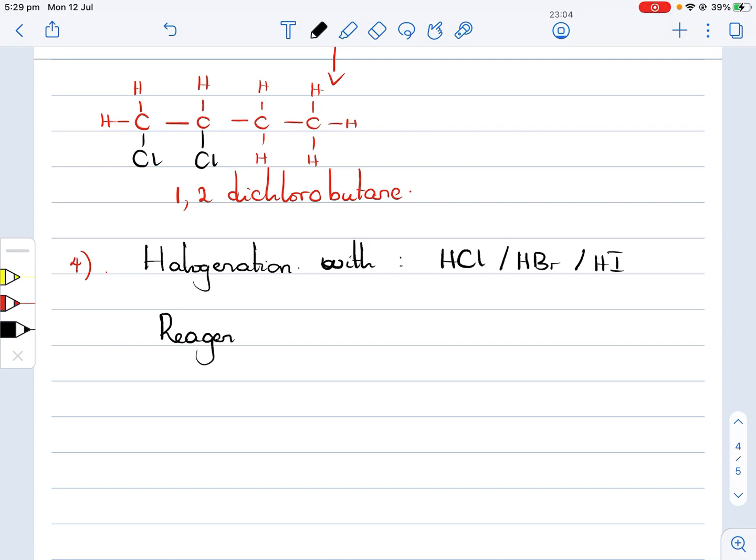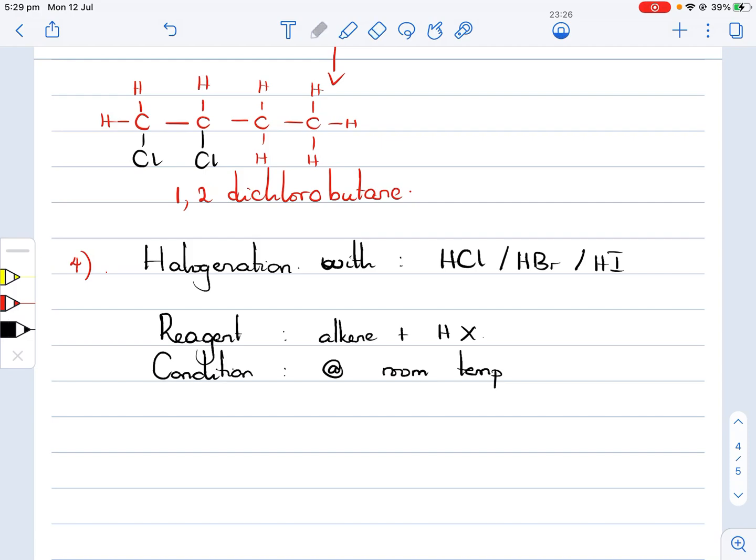So my reagent is going to be an alkene plus HX. My condition, this reaction does not need any special conditions. It will simply happen at room temperature.